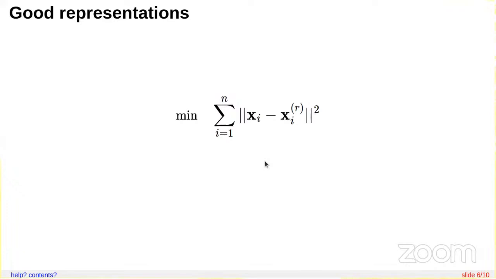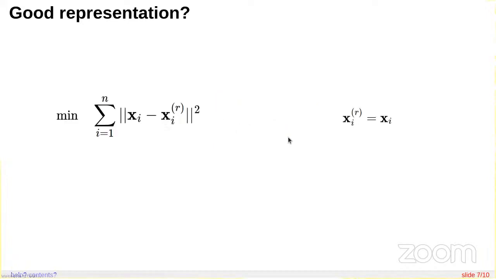If it is exactly the same as the original point, right, that's what I was looking for. If you set the reconstruction xi r equal to xi, the original point itself, then you minimize this, and you get 0 as the reconstruction error.